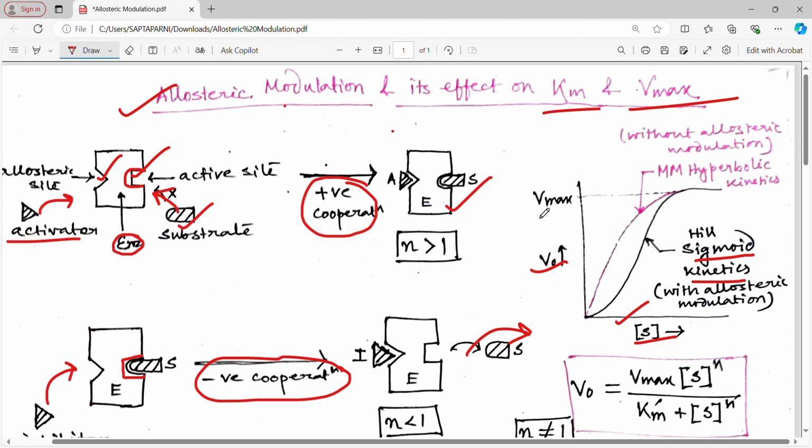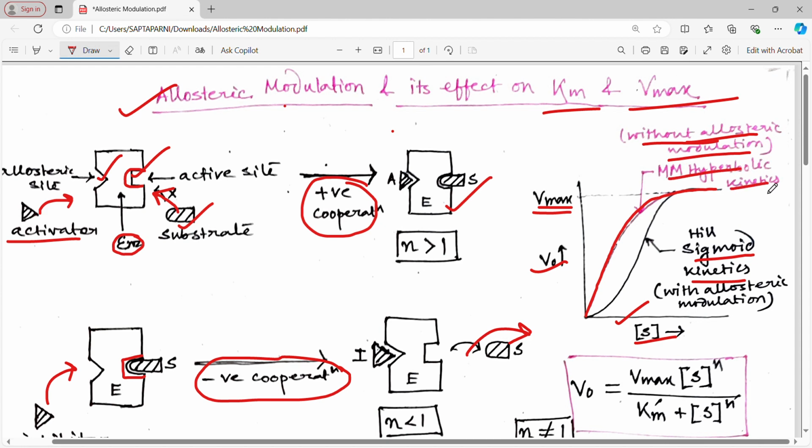The Vmax represents the maximum velocity that can be achieved by any enzyme. Now, if there is no allosteric modulation present in case of any enzyme, then the enzyme follows normal Michaelis-Menten kinetics and it forms a hyperbolic curve that we have learned earlier.